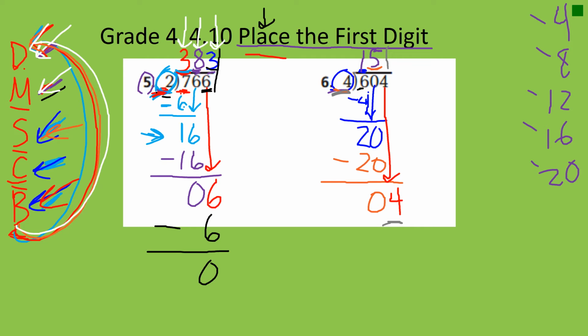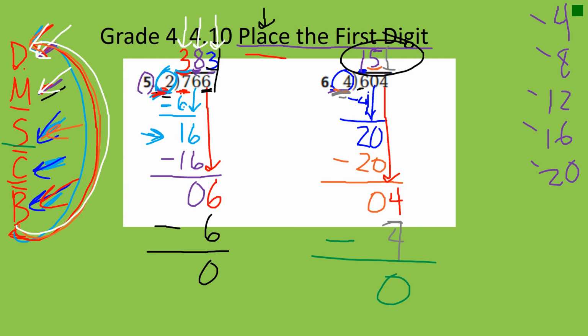Now we multiply. 1 times 4 is 4. Okay? Subtract, S for subtract. 4 minus 4 is 0, and we are finished. So 604 divided by 4 is 151.